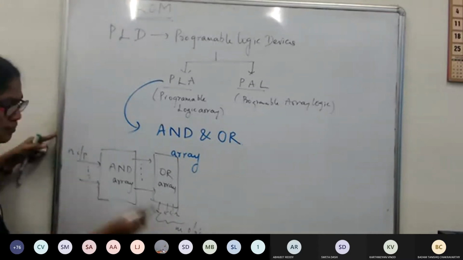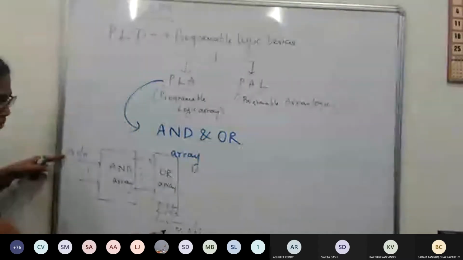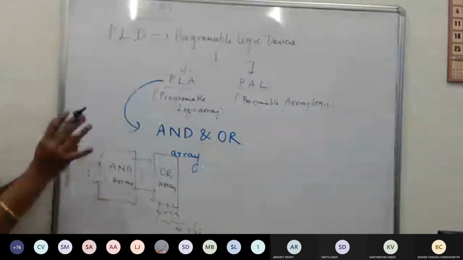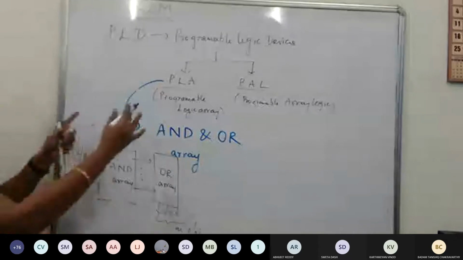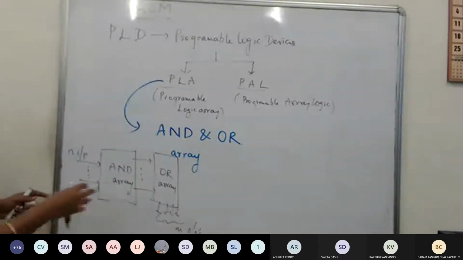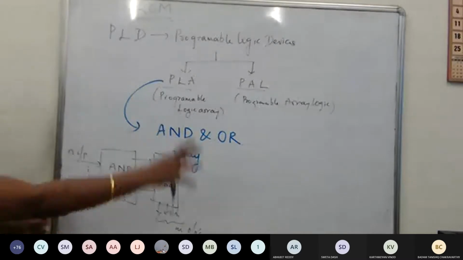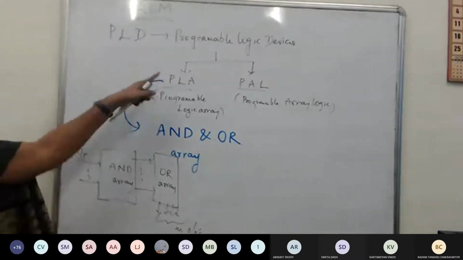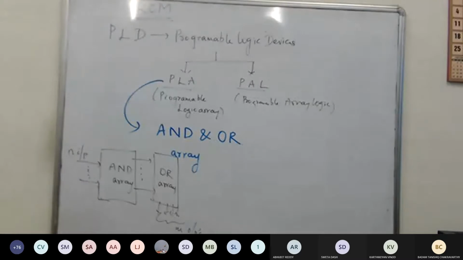No link between these two. This is N and this is M. We have a box of AND gates and OR gates available to us. Do whatever you want: program them, make the switches, and then perform the task. This is what a PLA does. A PLA is a bank of AND and OR gates cascaded and given to us.